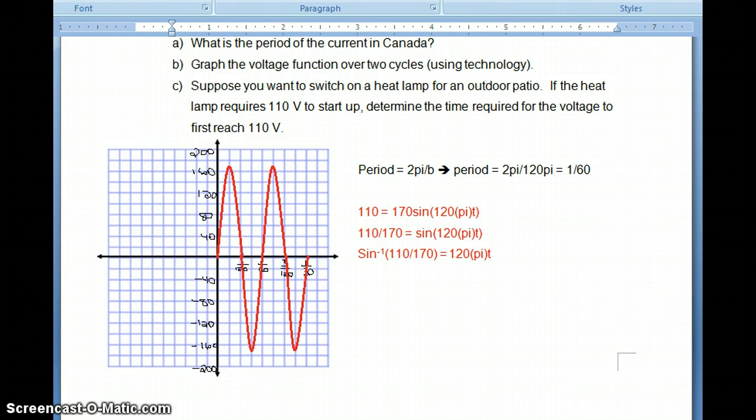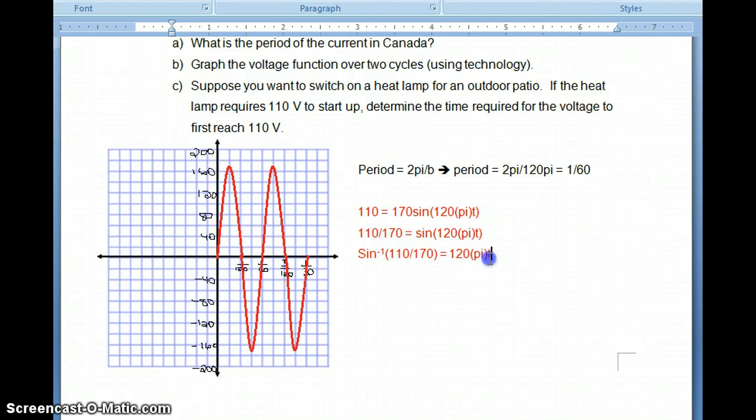If you wanted to, you could actually divide 110 by 170, but I don't believe you get a nice value. You get this crazy decimal, like 0.64705, blah, blah, blah. And you don't want to be rounding because it will affect your answer overall. So if you leave it as this fraction and then put it all into your calculator at the very end, that would be fine. So I'm just going to leave it this way so I can get the most accurate answer.